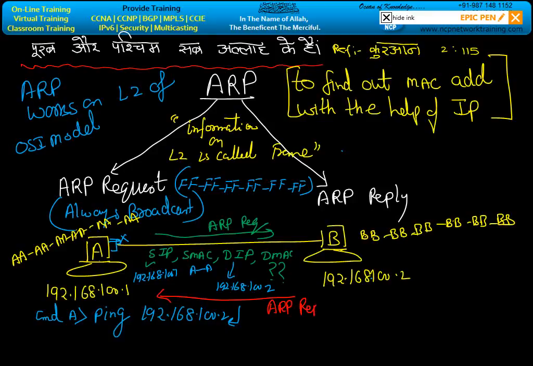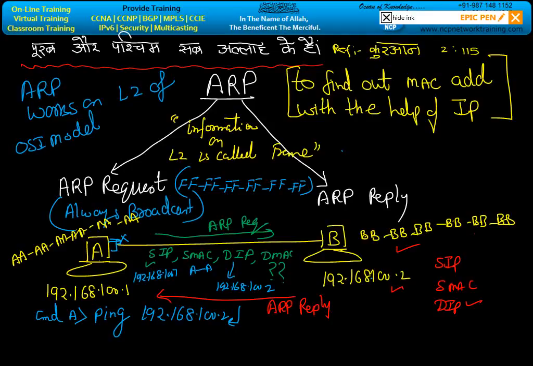the ARP reply. This machine knows its source IP, 192.168.100.2, and its source MAC, BBBB. The source IP that machine A sent becomes the destination IP, which this machine knows.